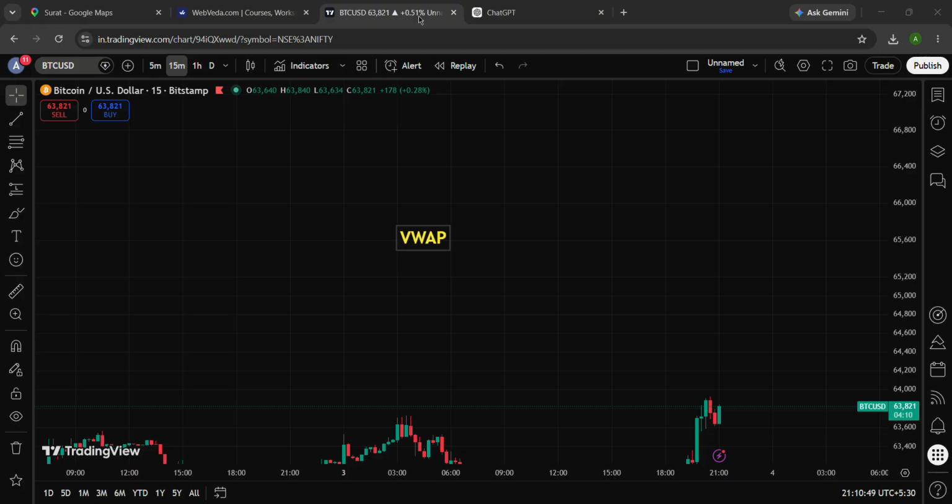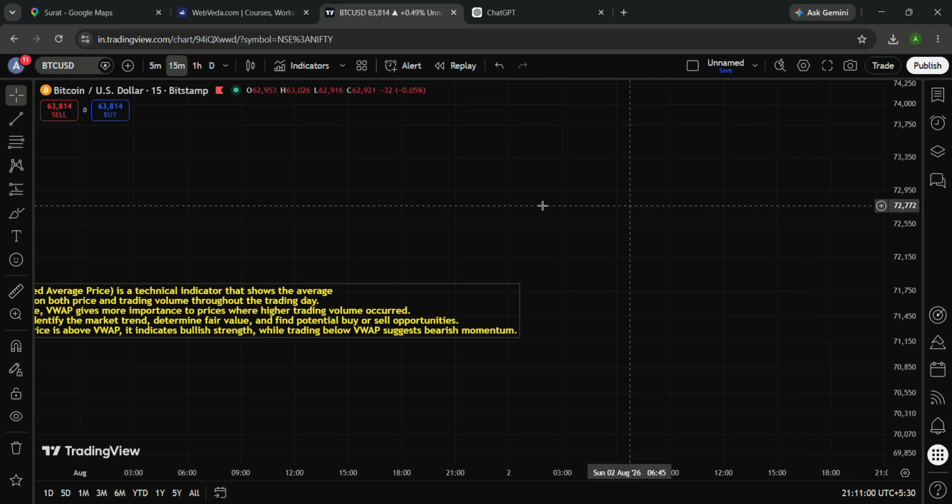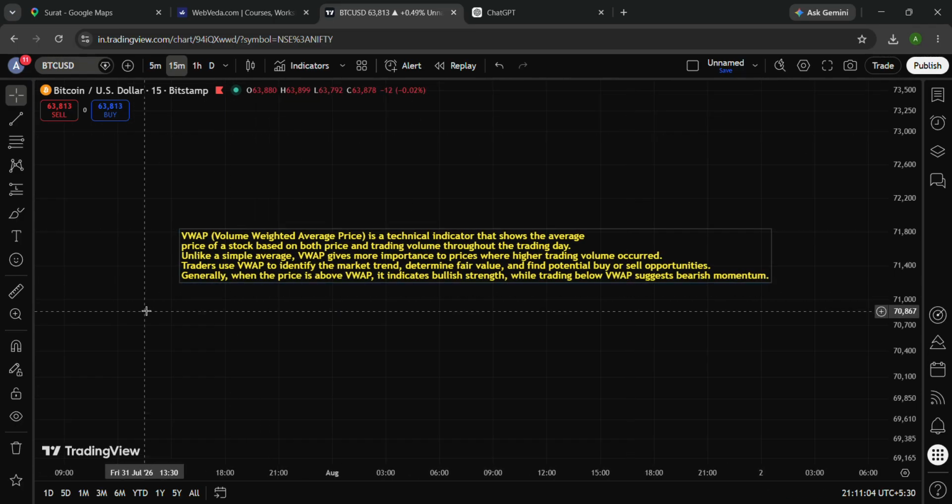So VWAP stands for volume weighted average price. What does that mean? Let's read the theoretical part, or the definition of it. It says VWAP is a technical indicator that shows the average price of a stock based on both the price and trading volume throughout the trading day.